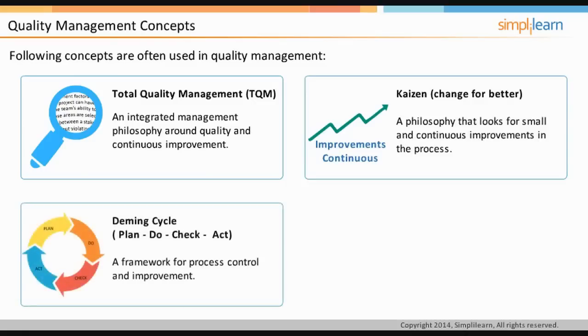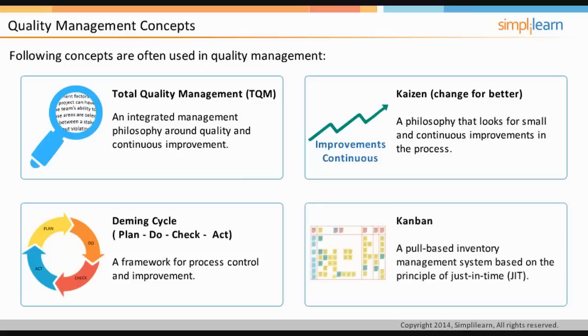Deming cycle, or PDCA cycle, that is, plan, do, check, act, is a process control and improvement approach propagated by the famous quality guru Edward Deming. It means you plan for something, execute it, check the output, and based on the lessons you act to bring the deviations under control.